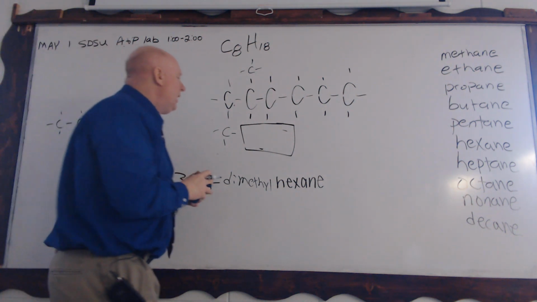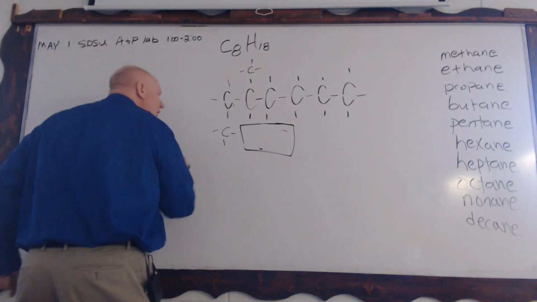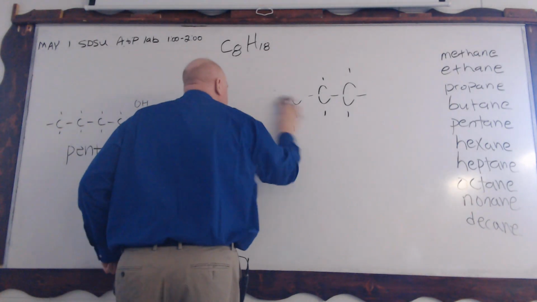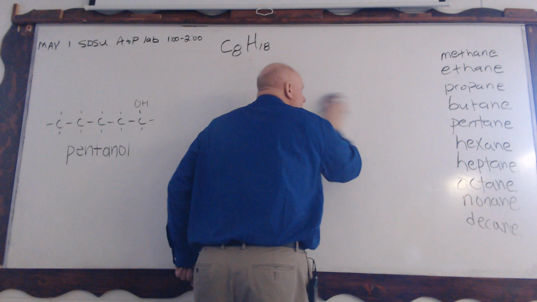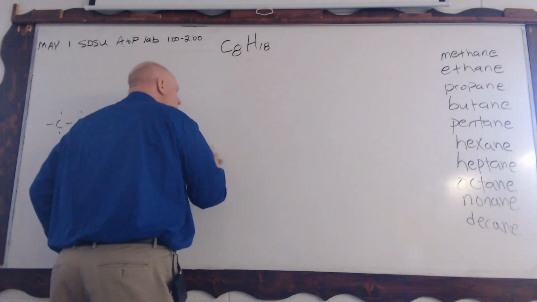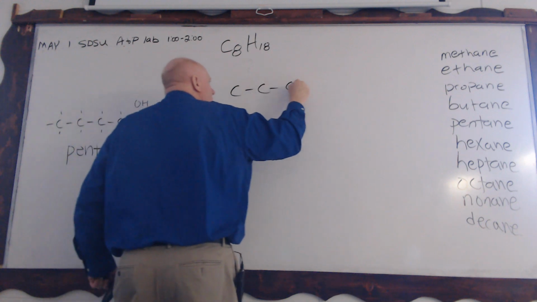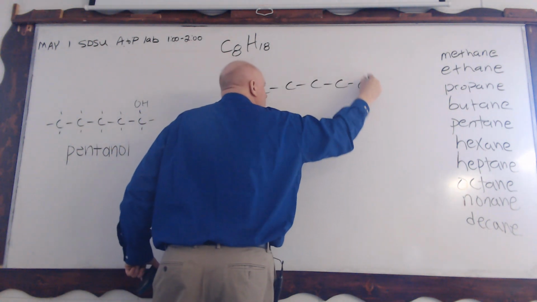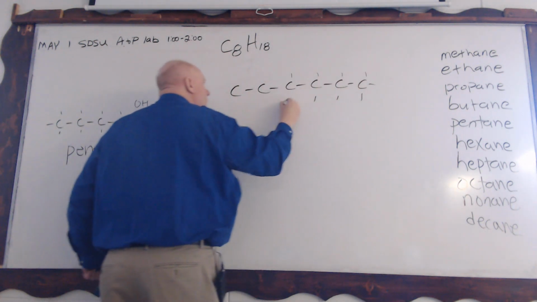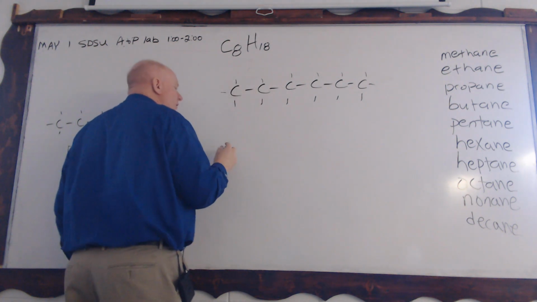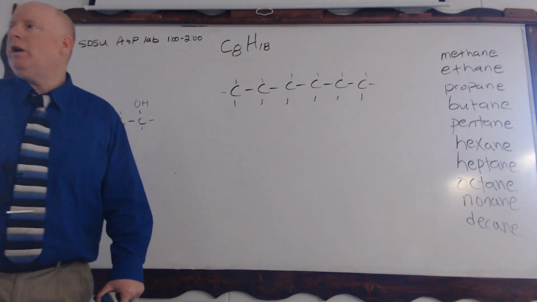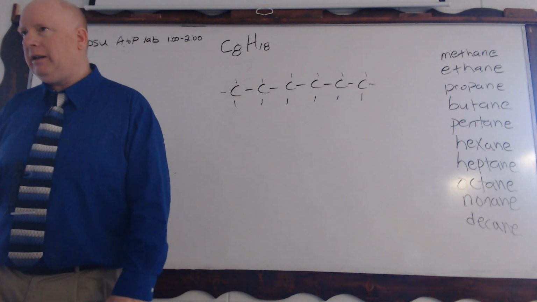Okay? But don't do this. I've seen this before. Let's say, for instance, if we had just hexane, don't think you're going to do an isomer of that with an alkene.